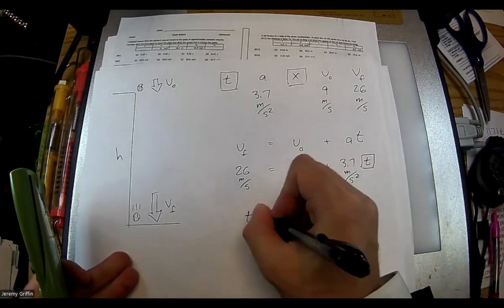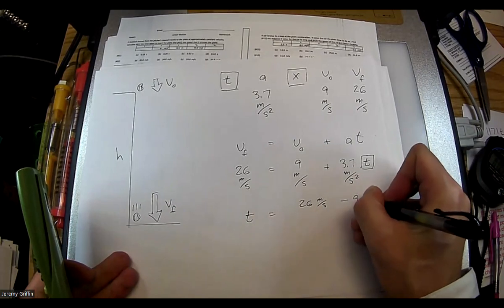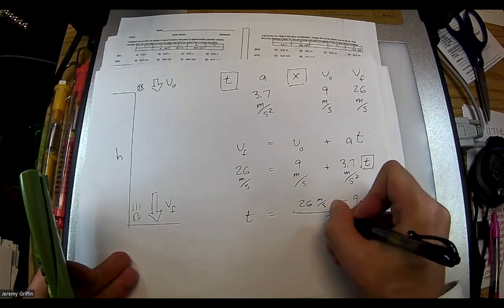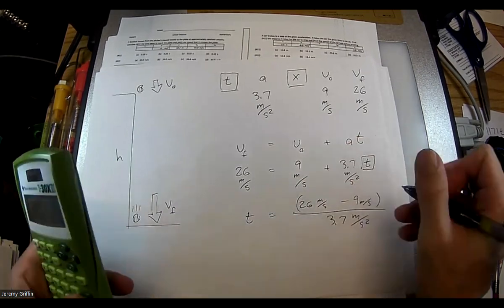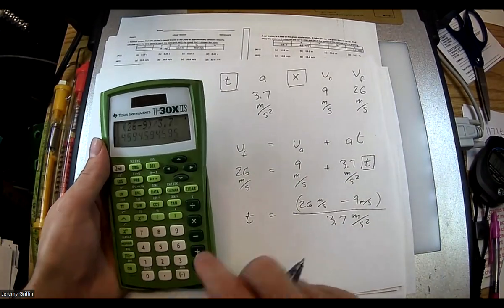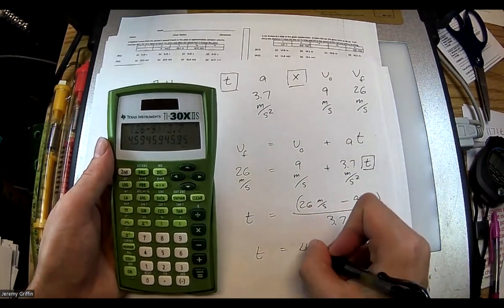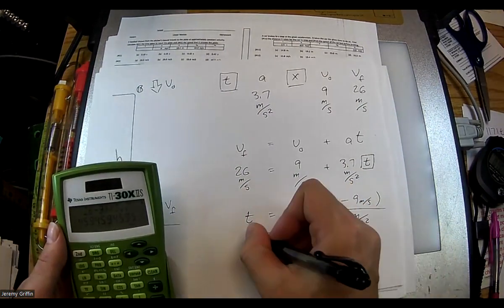So time is going to be 26 meters per second minus 9 meters per second, all divided by 3.7 meters per second squared. So 26 minus 9. I'm looking at about 4.6 seconds is the time.